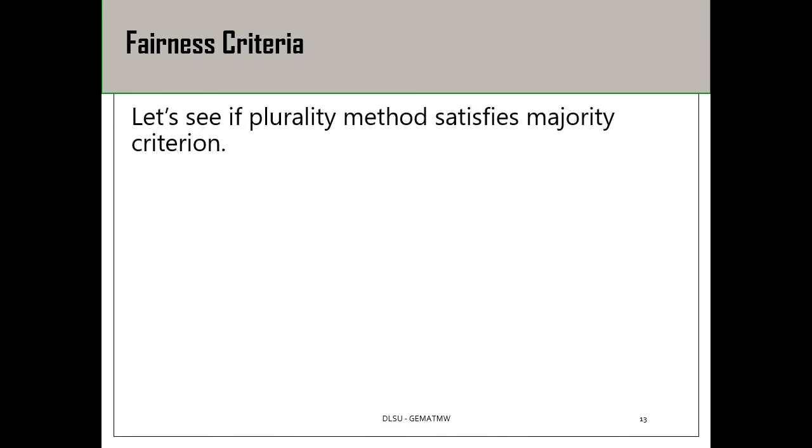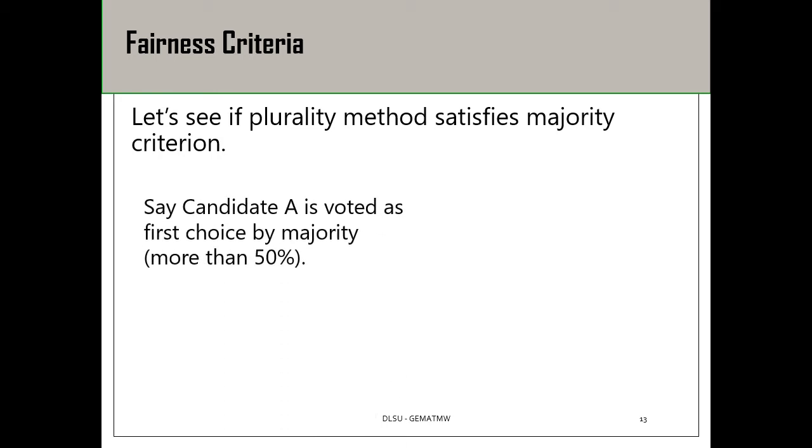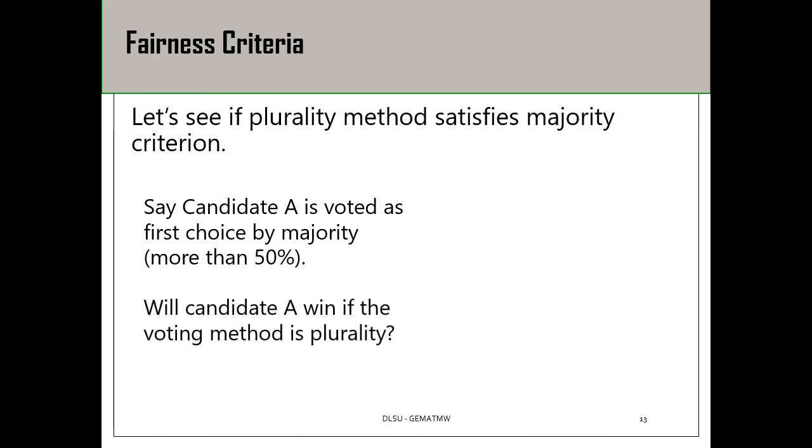To see if plurality method satisfies majority criterion, suppose that there is a candidate, let's call it candidate A, that is voted by majority as first place. Will that candidate win by plurality? And of course, the answer is yes.